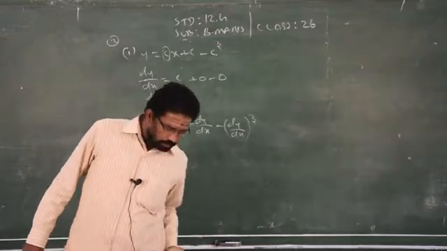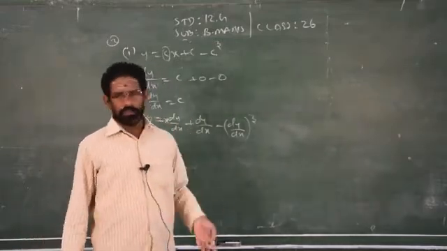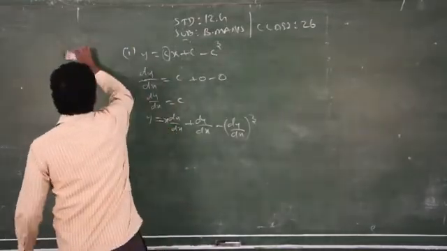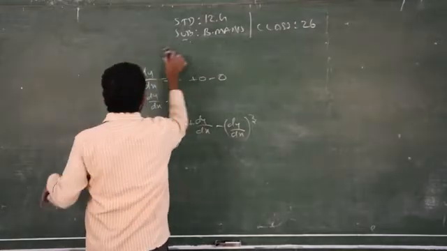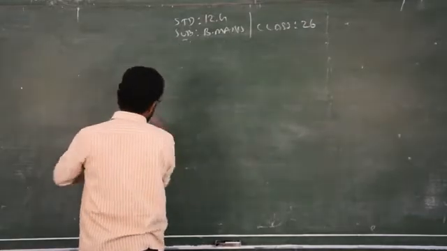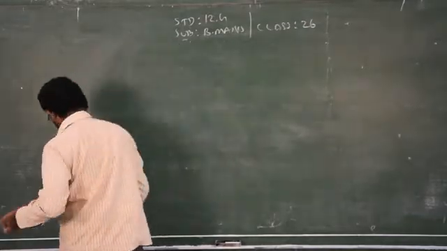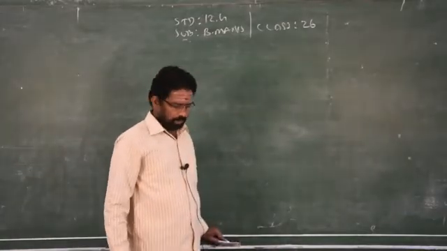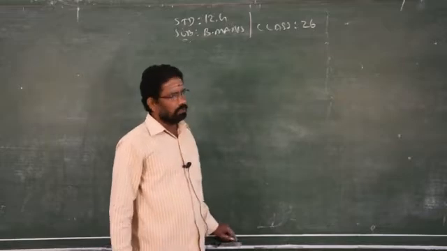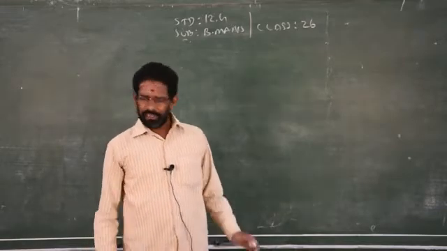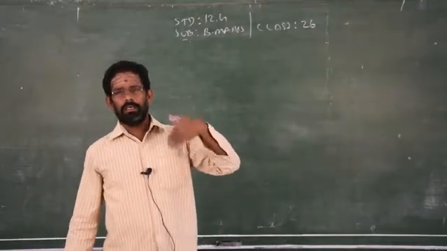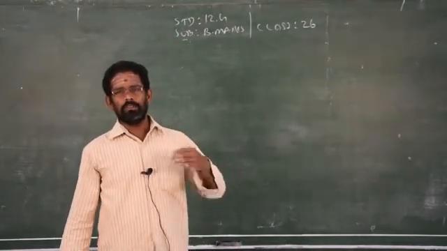Clear? Because I am teaching this for so many years, I know the particular method I can teach. But you have to try at home, because this time you can utilize and increase your intellectual power in mathematics. Clear? So, if it is one constant, differentiate how many times? One time. If there are two constants, you have to differentiate two times. That is not a correct procedure, but for better understanding, teachers are used to say like that.